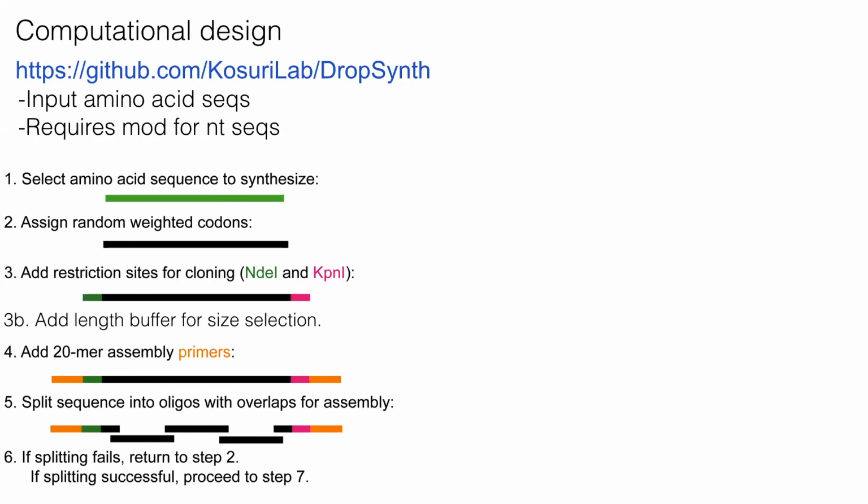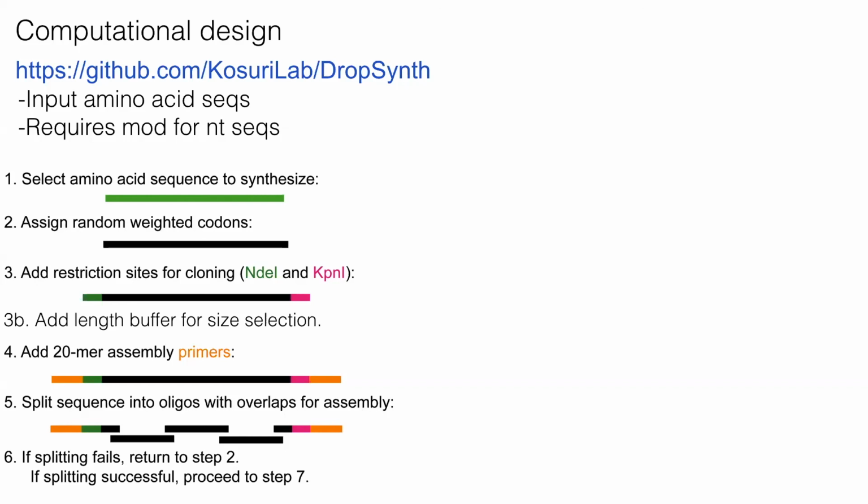It'll add whatever sites you want for cloning, whatever method you use for cloning. Using restriction enzymes is obviously a little bit primitive, but it does give you freedom to do fusions or choose any kind of ribosome binding site or C-terminal fusion that you're interested in doing.